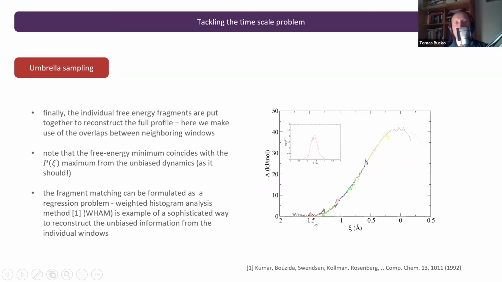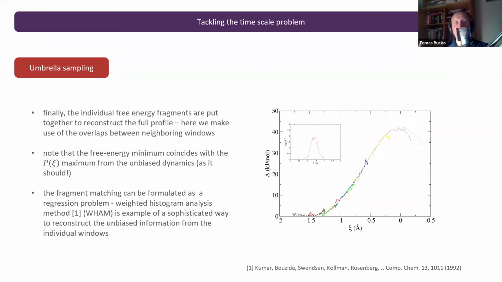I did so here, and I reconstructed a free energy profile. Notice here that the free energy minimum also coincides with the maximum of probability density for parameter Xi that I computed in an independent, unbiased molecular dynamics simulation, as it should.